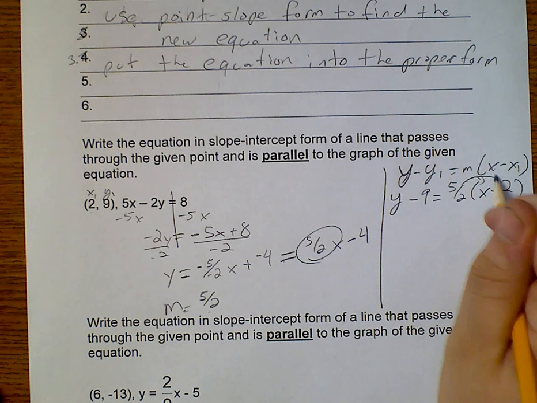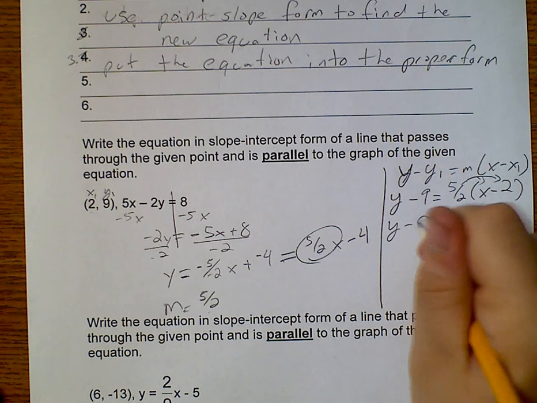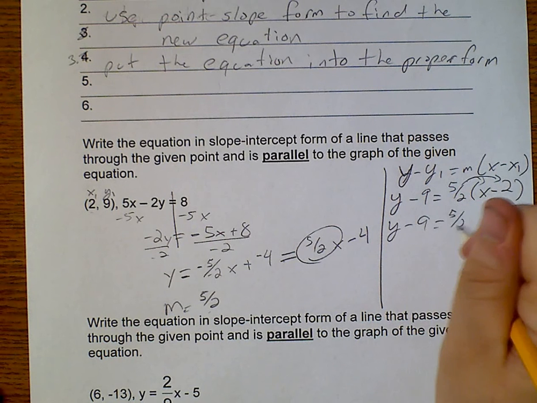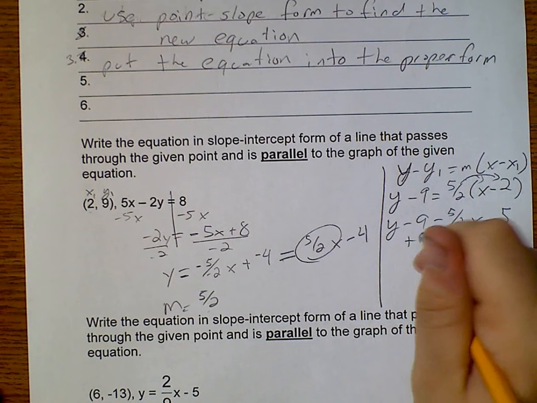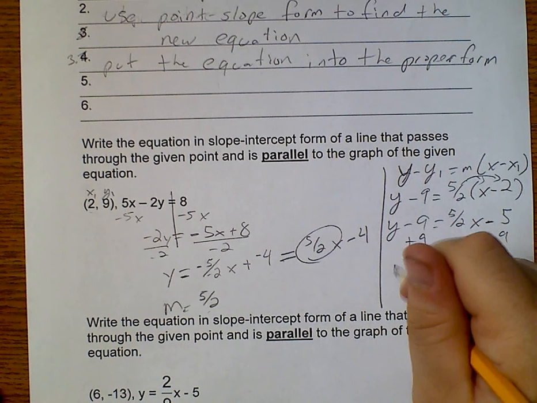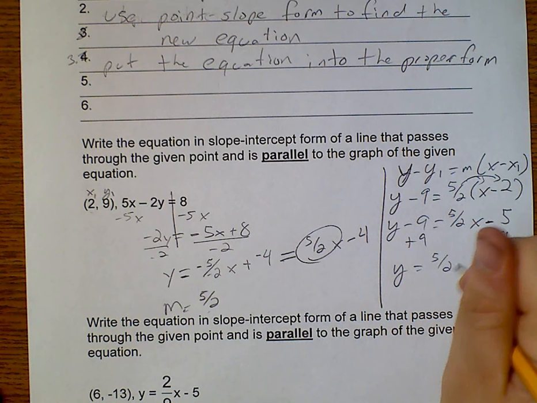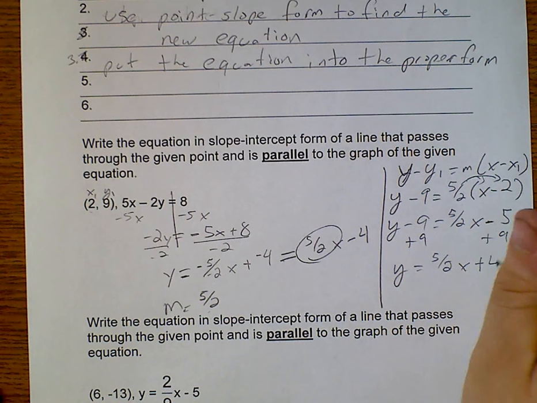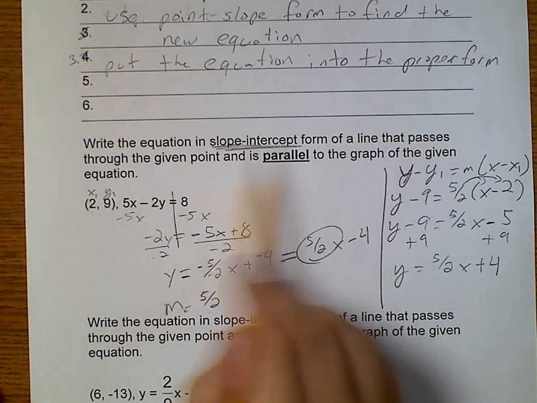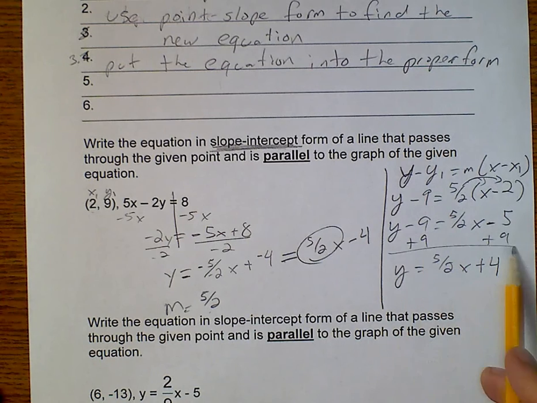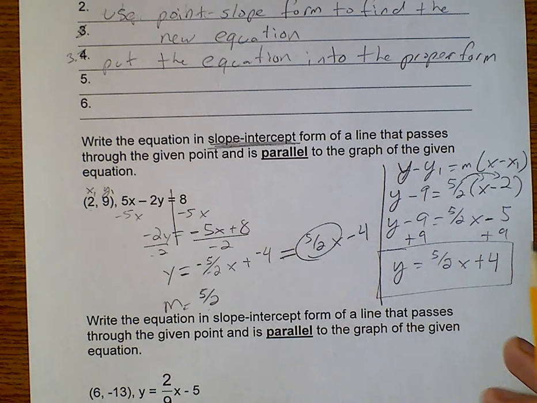I distribute. Y minus 9 equals 5/2 x minus 5. Add 9 to both sides. Y equals 5/2 x plus 4. And it wants it in slope-intercept form, which is what we have. And so we're done.